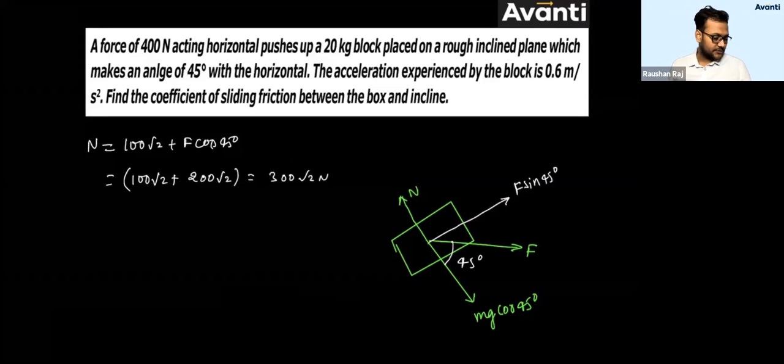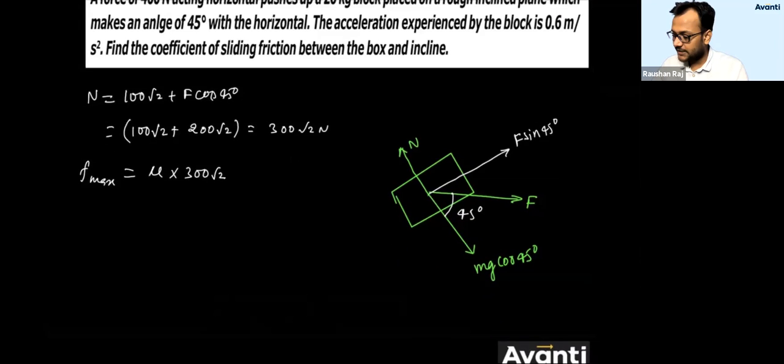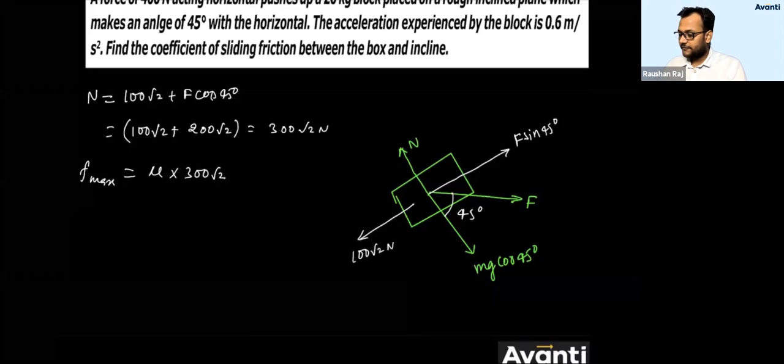Has the time run out? Some say everyone left, but it has just reached time. All right. So what is the maximum friction? f max will be equal to mu into 300 root 2. What is the acceleration? mg sin theta acts downward, that is 100 root 2 Newton.